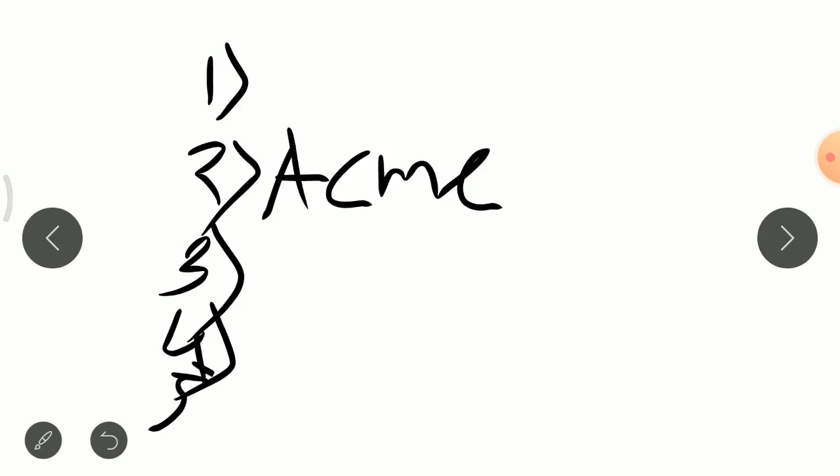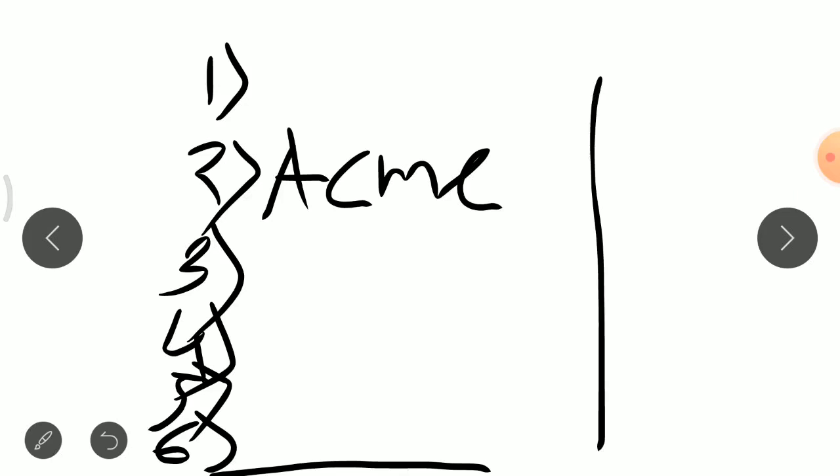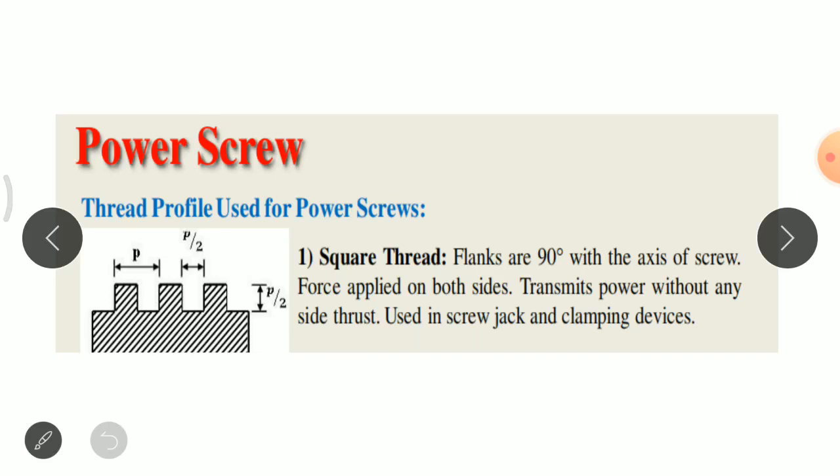Fifth type of thread profile is the knuckle thread, and the sixth and last one is the unified thread. These are the six types of thread profile, and we are going to discuss them in detail one by one.